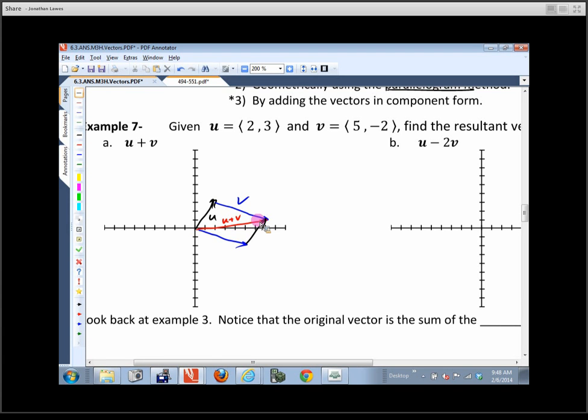Now take a look at this. Where is this point? Go ahead and count. Where is that point? Isn't it at 7, 1? Okay, so that point is 7, 1. It started at 0, 0 and ends at 7, 1. So wouldn't, in component form, wouldn't the answer be 7, 1? Okay, watch.